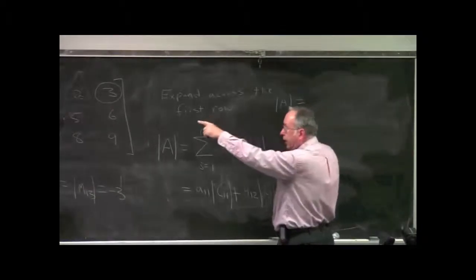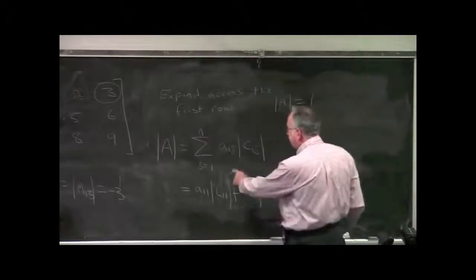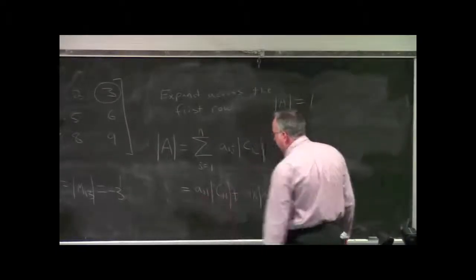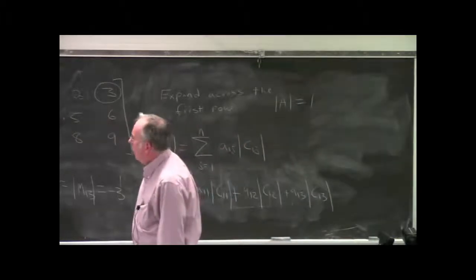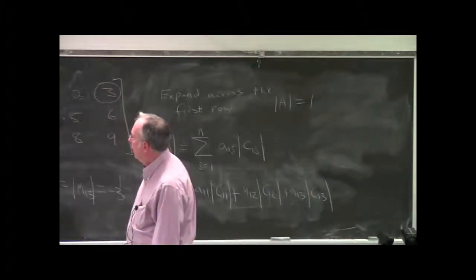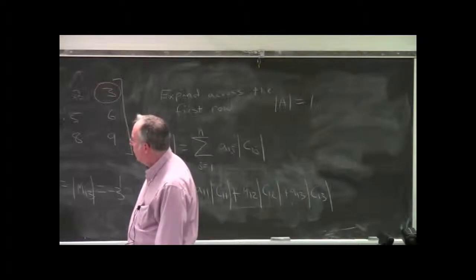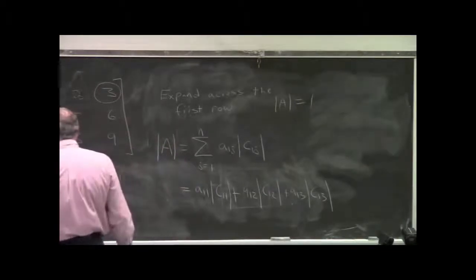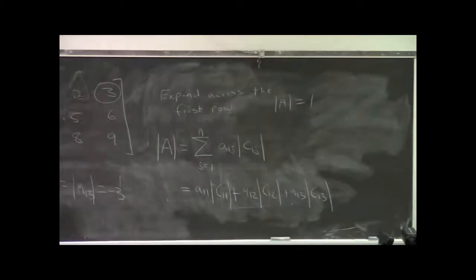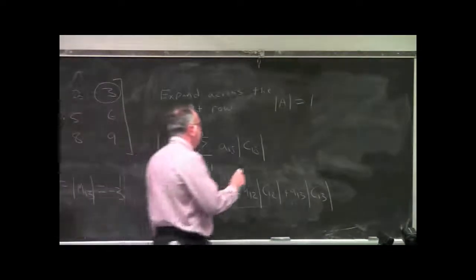First row, first column, the element is 1. That's this element right here. A11 is 1. What is C11? Well, did I erase that? No, C11 is M11, and M11 was what? Thank you. Okay. So it's 1 times the negative 3.